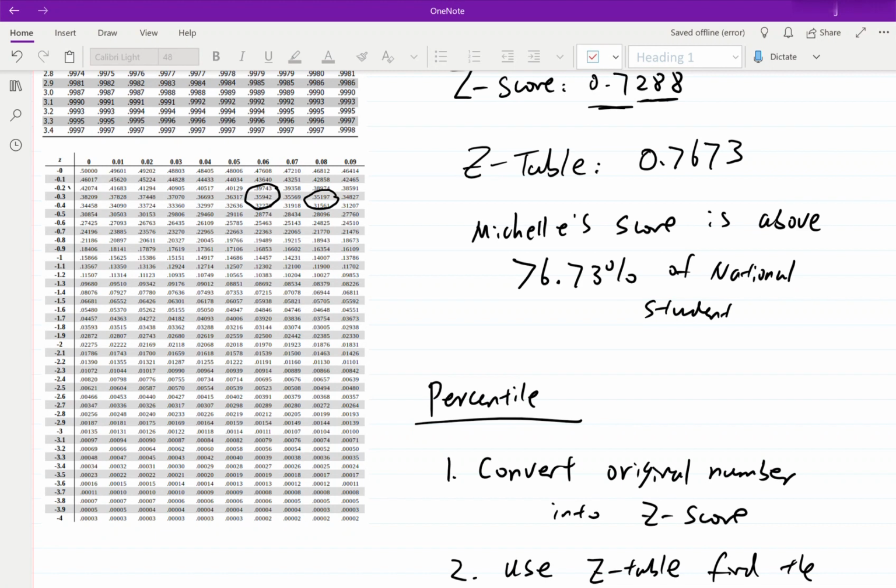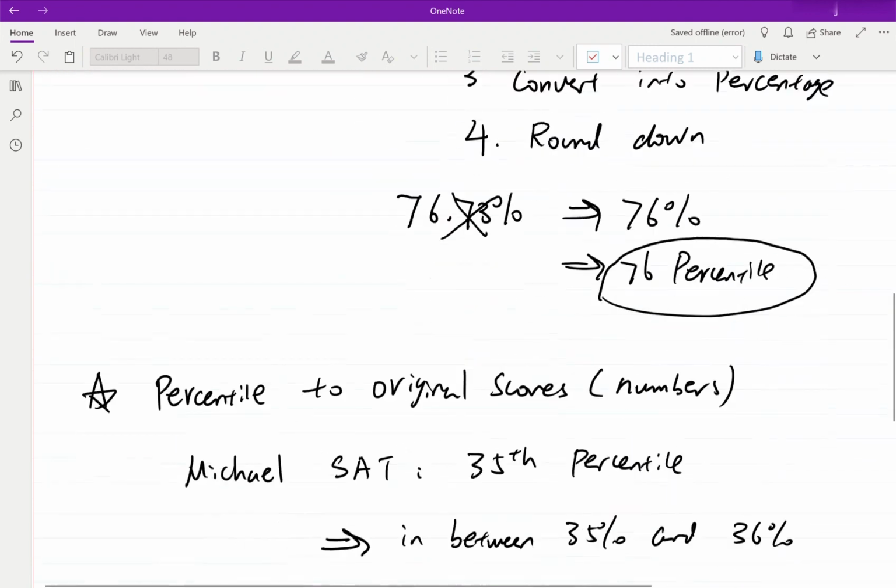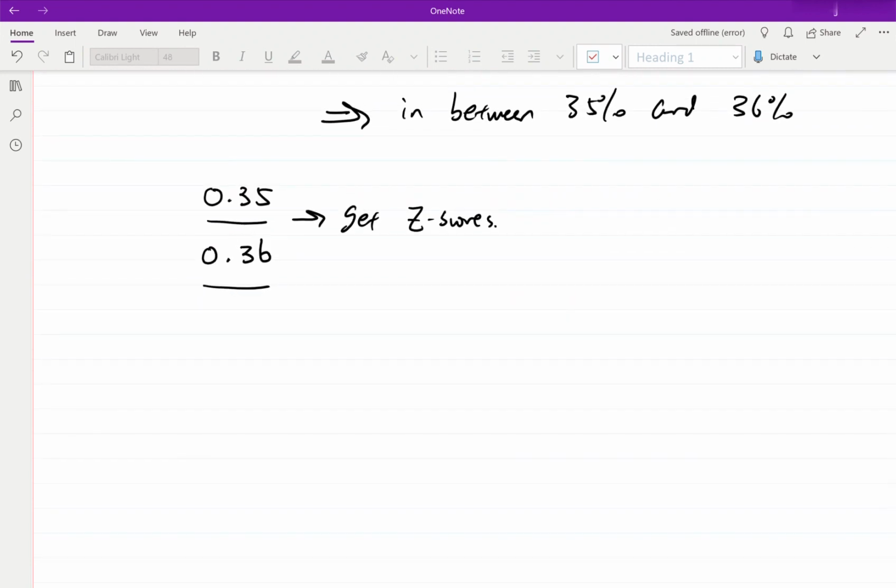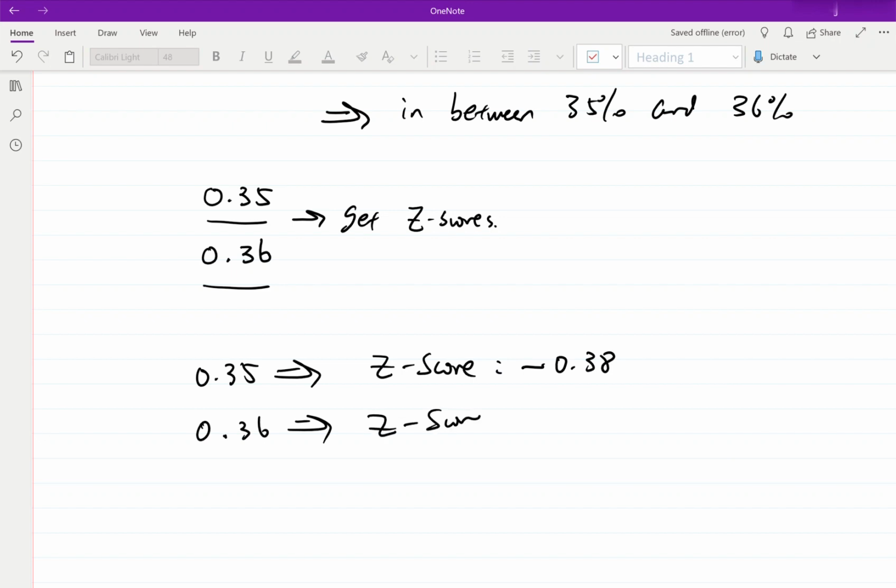So in other words, the Z scores we'll be looking at should be negative 0.38 and negative 0.36. Okay, so we'll be looking at these two numbers here. For the 0.35, from the Z table we have the Z score to be about negative 0.38. For the 0.36, the Z score is about negative 0.36.